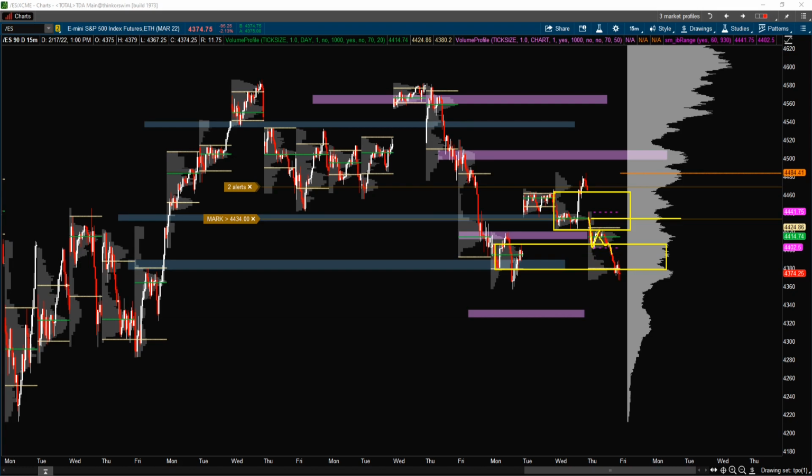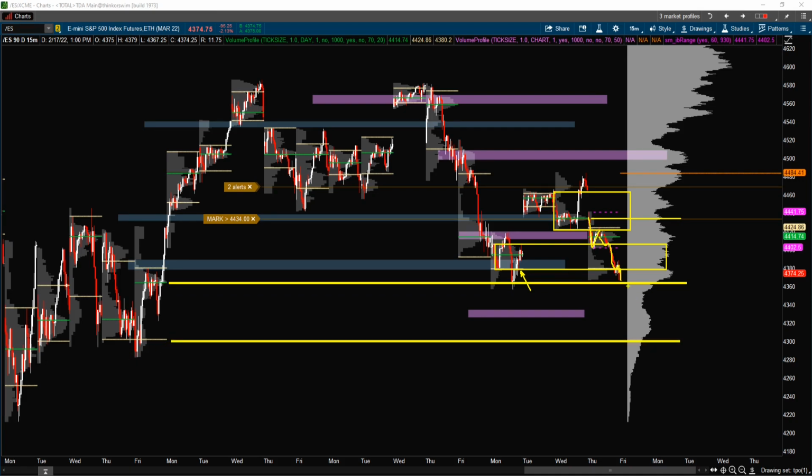Once it came in, you can see that it traced to the other end of this value area and chopped around, and now it is moving outside of that. So there is this point of control here, and also this value area low. We're going to see if it can get back inside of this value area tomorrow.